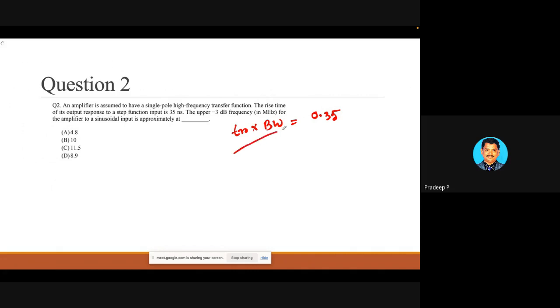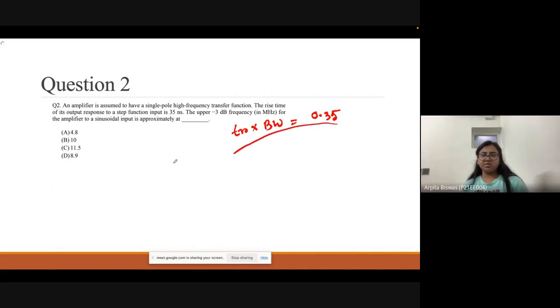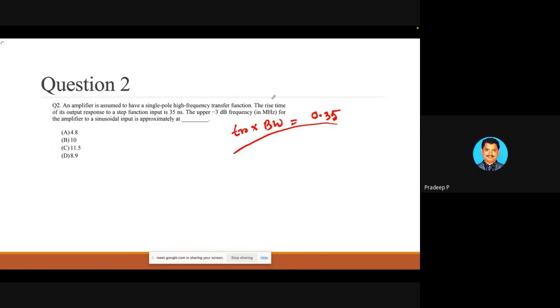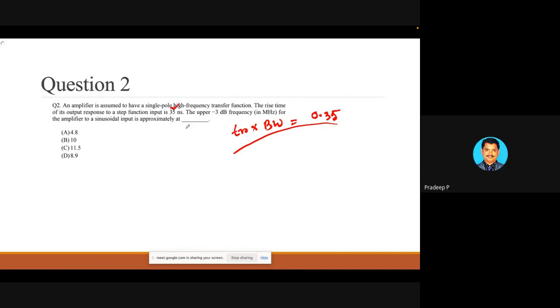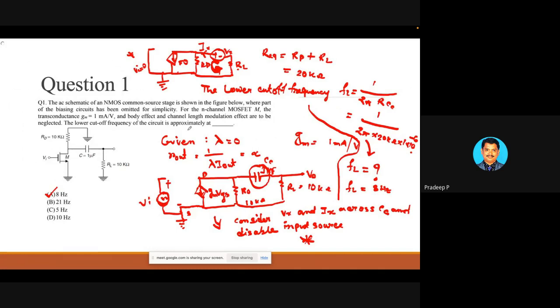From this equation, you can find out the value of the bandwidth. Here TR is given, and here you can directly take the single pole frequency from the previous question. Yes, 8 hertz. Okay.